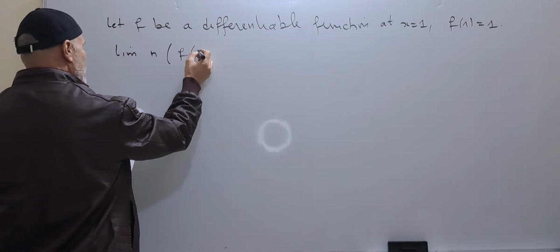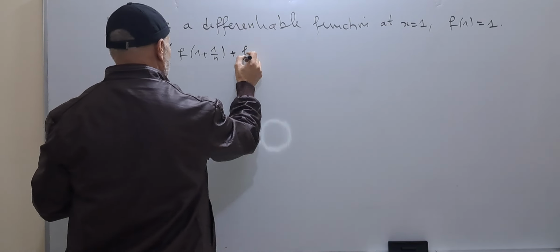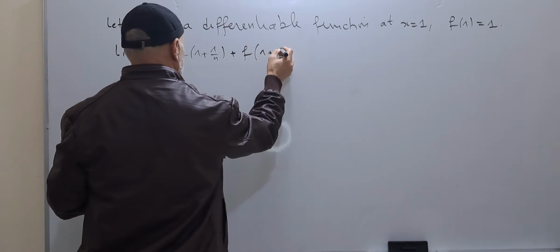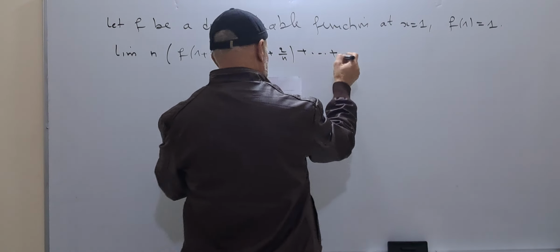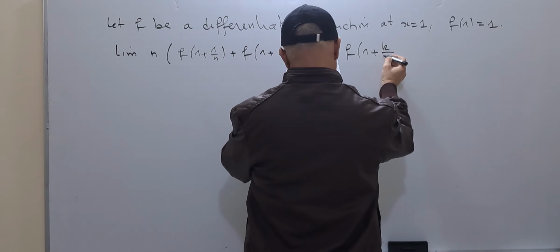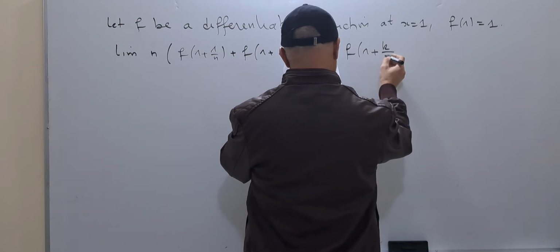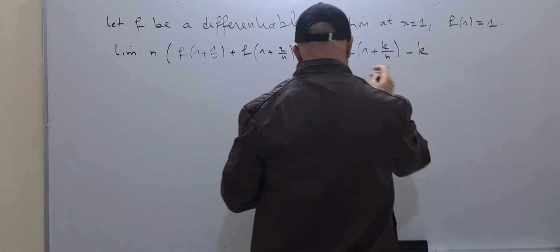f of 1 plus 1 over n plus f of 1 plus 2 over n. This is the question, plus f of 1 plus k over n minus k.